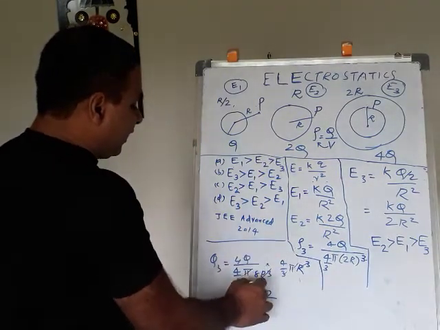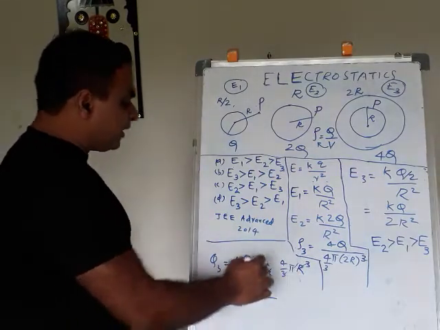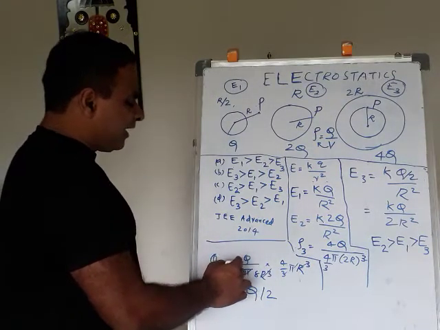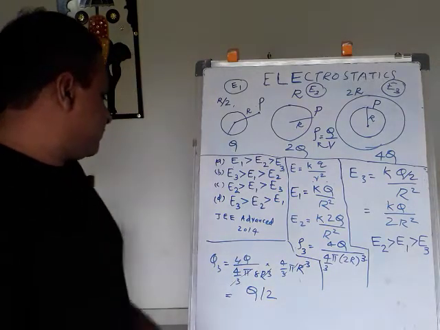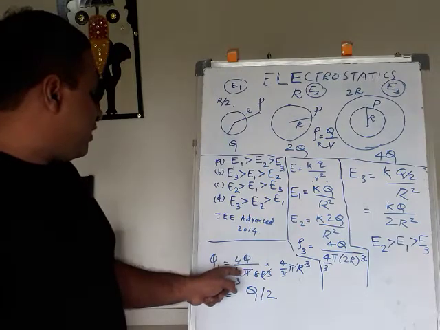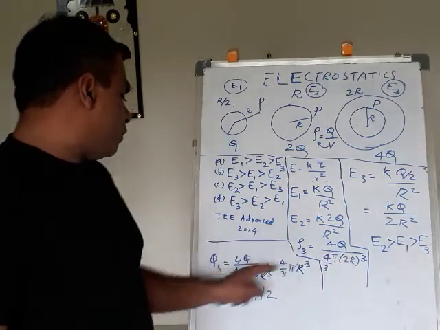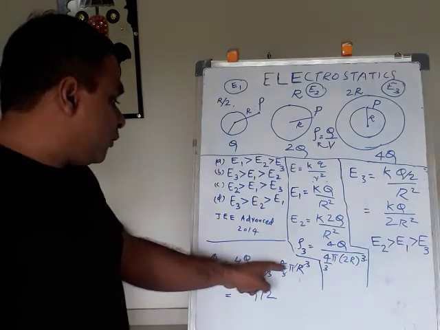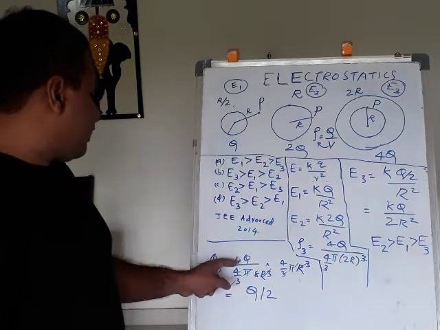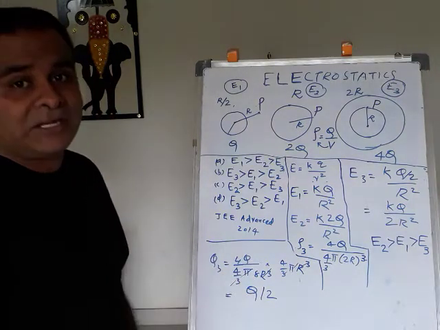So you will get 4Q by 8, that is Q by 2. You understood? So the equation is 4Q by 4 by 3 pi 8R cube into 4 by 3 pi R cube, which gives 4Q by 8, that is equal to Q by 2.